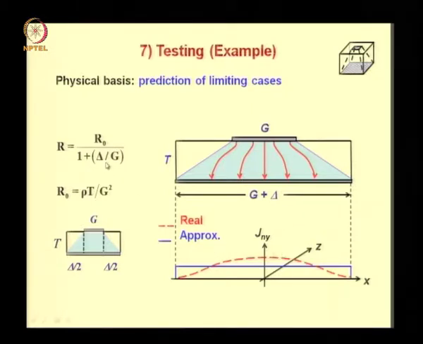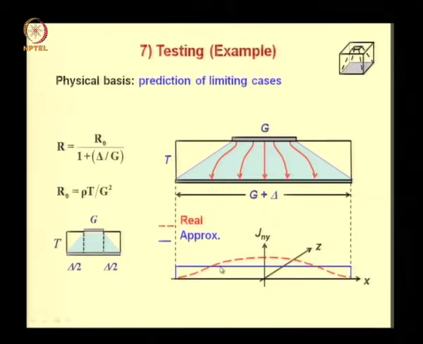Further, while deriving this model, we have assumed that over any horizontal area of cross section, the current density normal to the area is uniform, whereas the actual current density may have a non-uniform shape as shown here for the bottom contact. Now see what happens when delta tends to infinity.